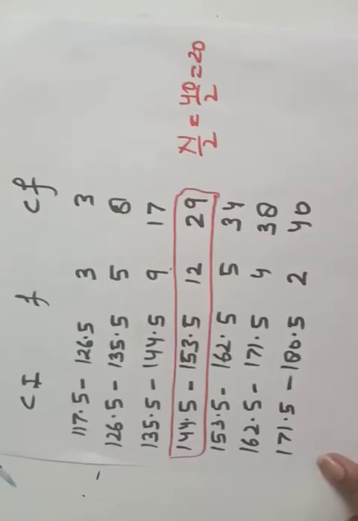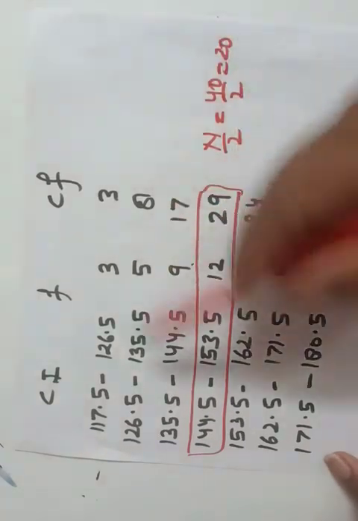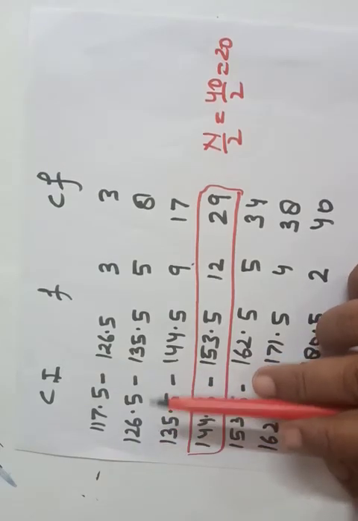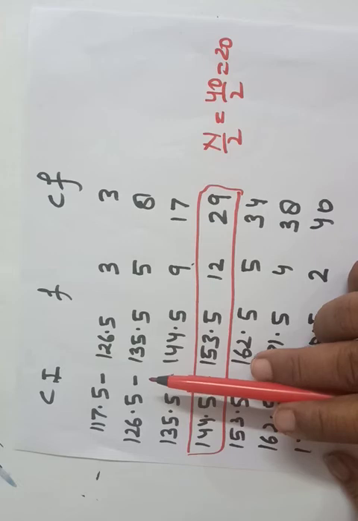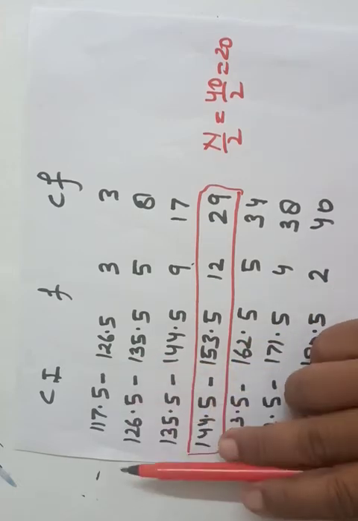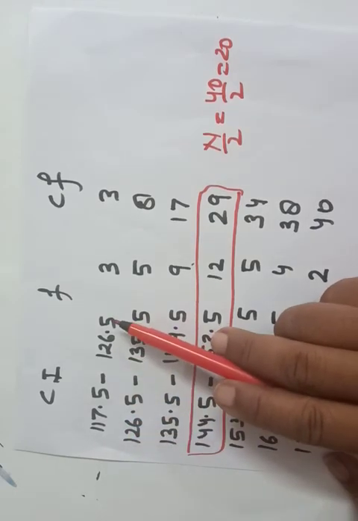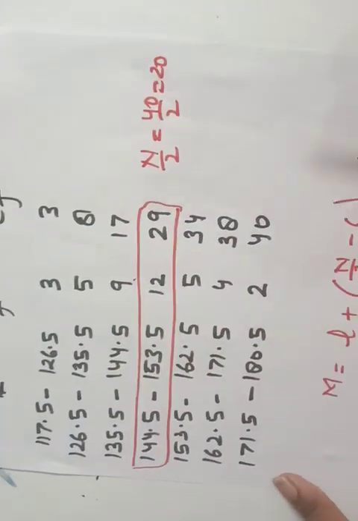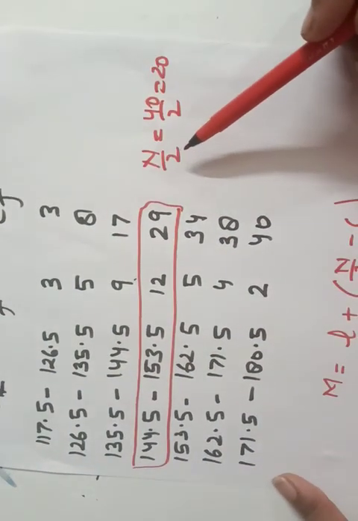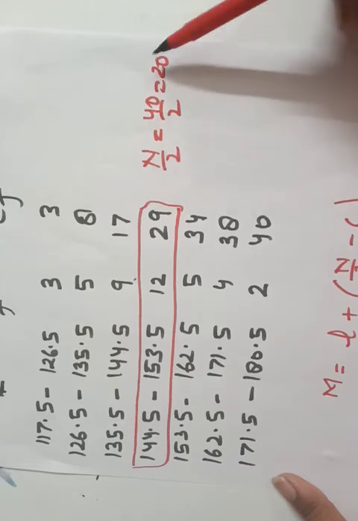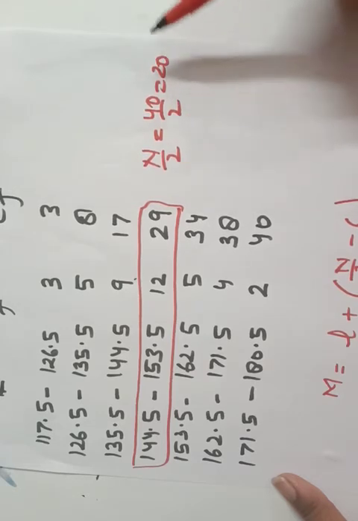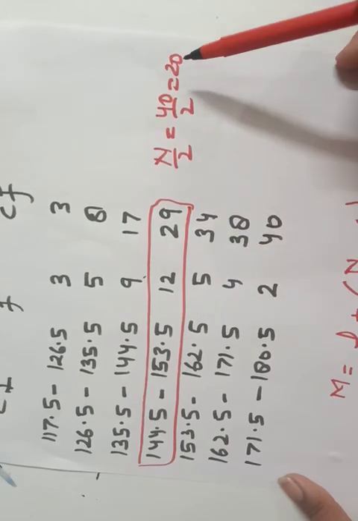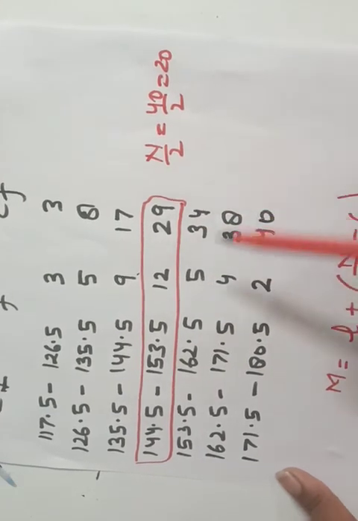Yes, we can just go through it again. This is the table. We converted the inclusive class intervals into continuous class intervals by subtracting 0.5 from the lower limit and adding 0.5 to the upper limit in all the class intervals. After that, the second step is to find n by 2, and then choose the cumulative frequency that is just greater than 20.